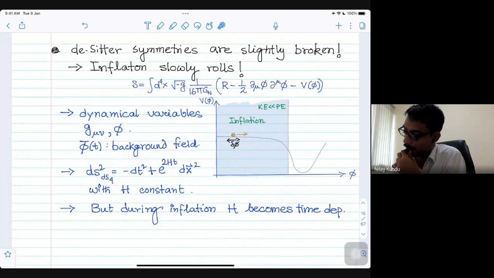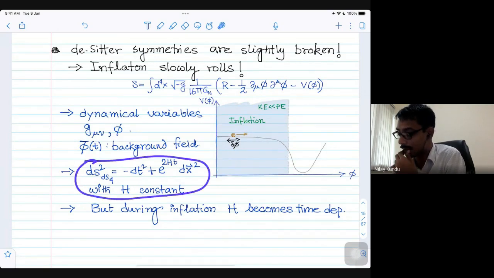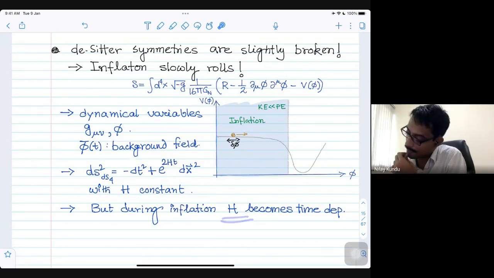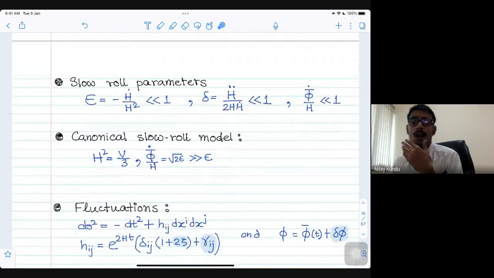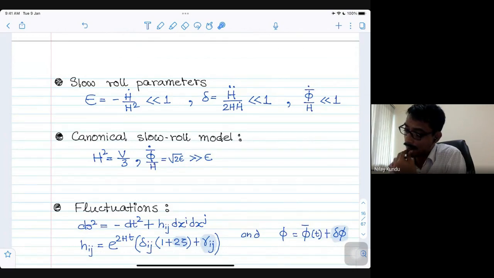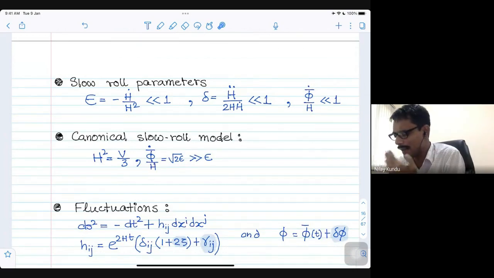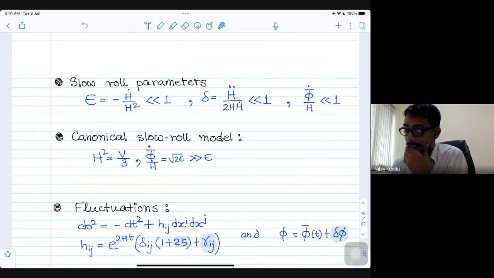We have said before that for de Sitter, H happens to be a constant, but during inflation, H becomes time dependent. Now, how do we measure the departure or the deviation from exact de Sitter?